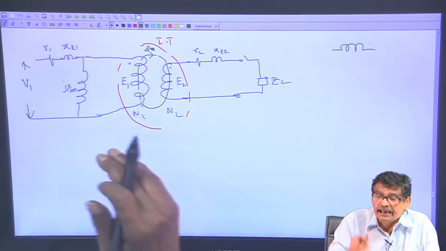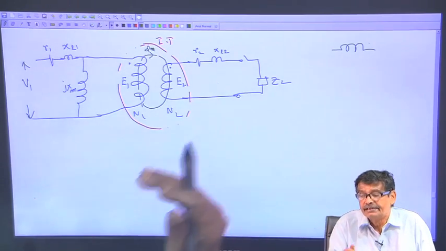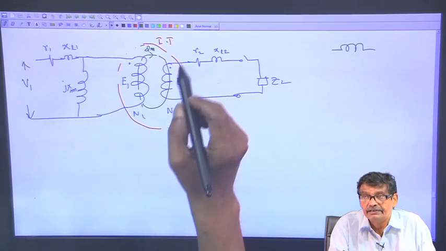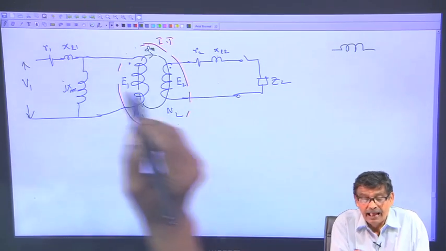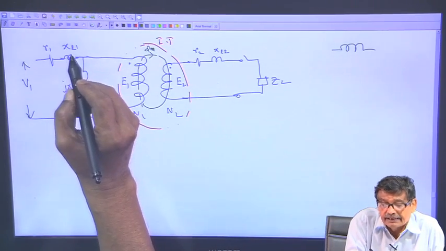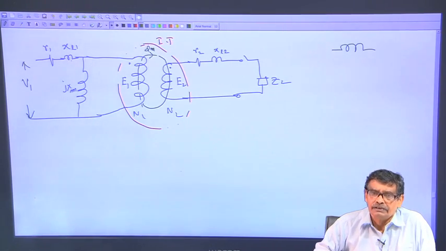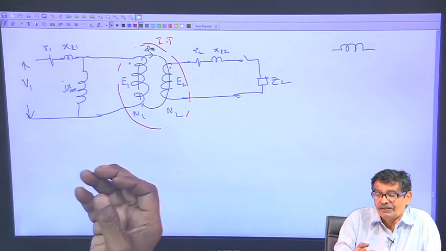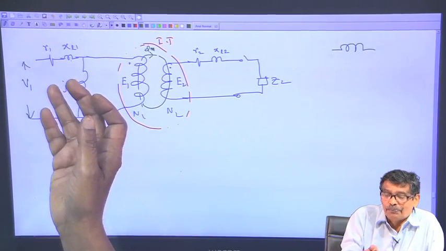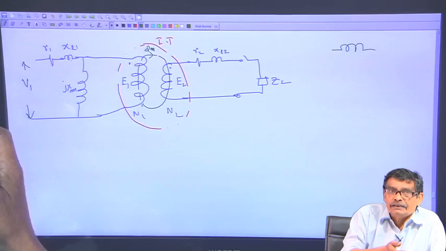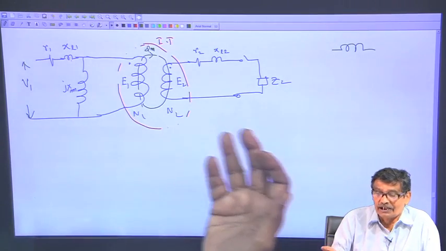In the same way as in the primary, the secondary side too will have winding resistance, and another leakage reactance. I have used very small letters x to indicate that leakage flux also will be small in a well designed transformer. Otherwise more voltage drop takes place elsewhere and less voltage is available for transformer action.